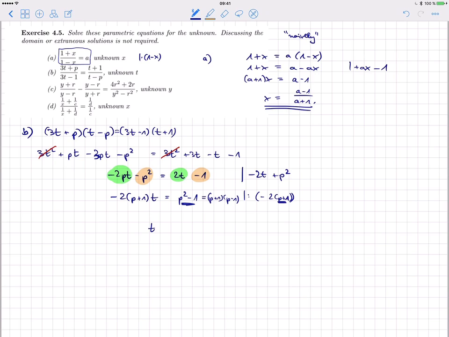So we are left with t equals minus p minus 1 over 2. The factor p plus 1 cancels out, so we can write this simply as 1 minus p over 2.